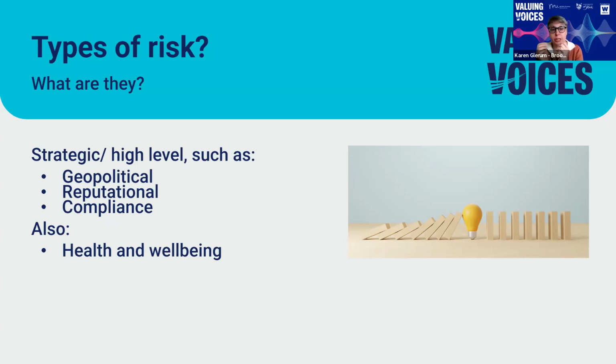It's about reputational risks, which are more and more prevalent, especially with the rise of social media, and the risk of being cancelled, if you may, perhaps for publishing research and research findings not everybody agrees with.